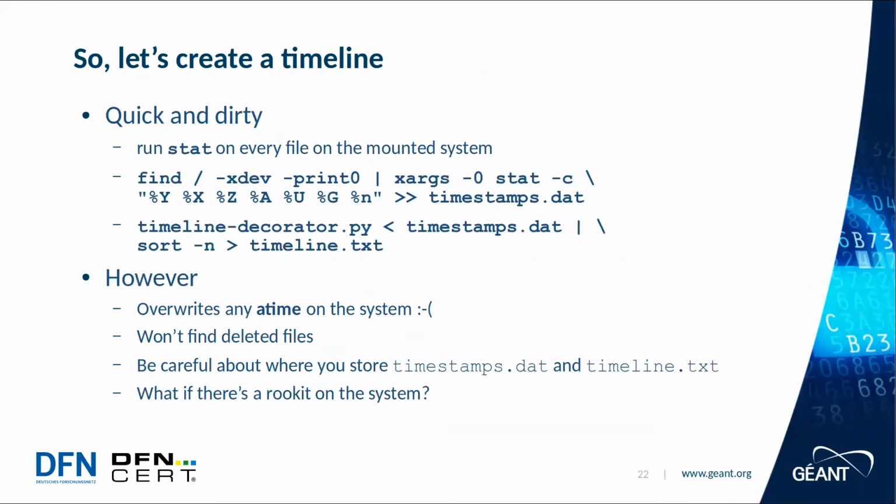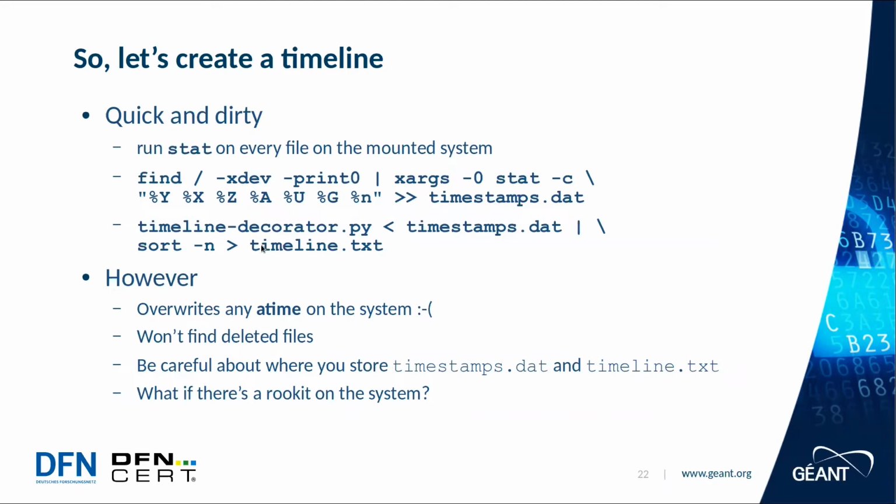Okay, so let's create a timeline. The quick and dirty way, if we are on the Linux side, but Windows does it as well, is to run the stat command on just every file in the mounted system. So you just do a find from the root partition, with a number of arguments like the three timestamps, the user, the group, and the file name, and put all the results in a file, in this case called timestamp.dat.